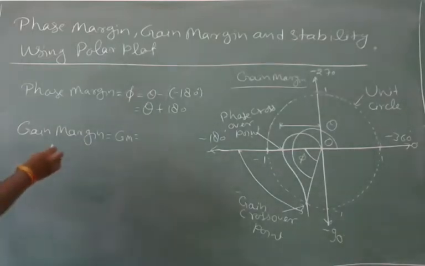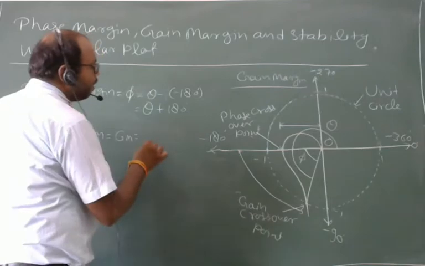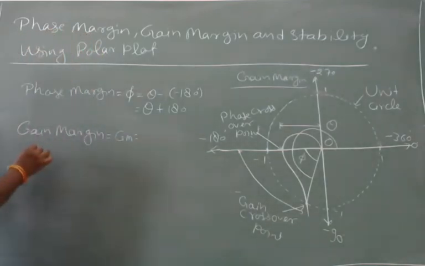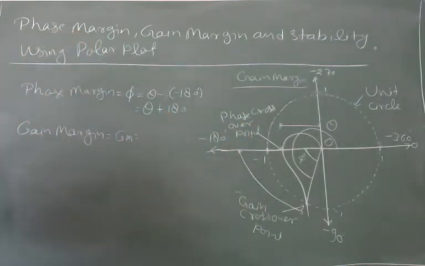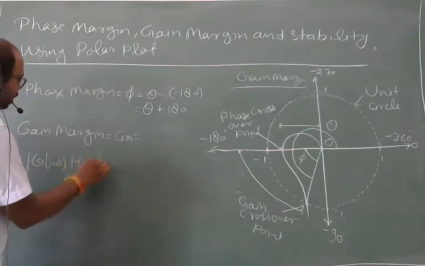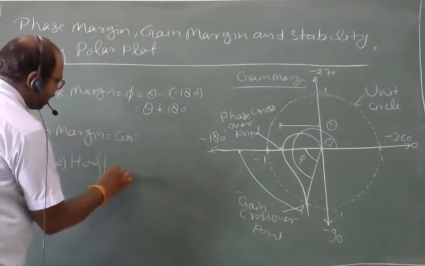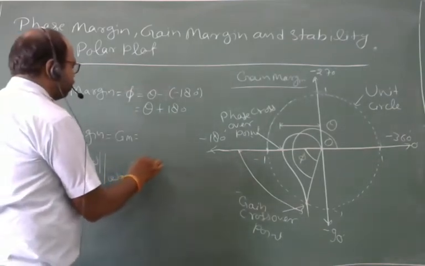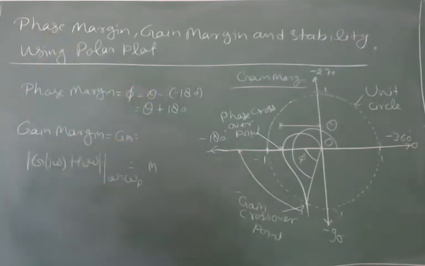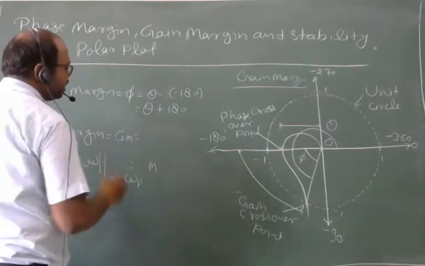If the magnitude of G j omega H j omega at omega equal to omega p, which is phase crossover frequency, is equal to m, then what will be Gm?